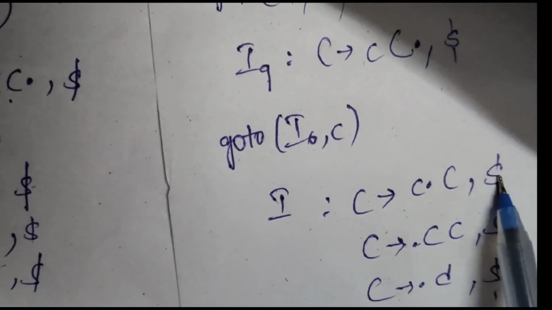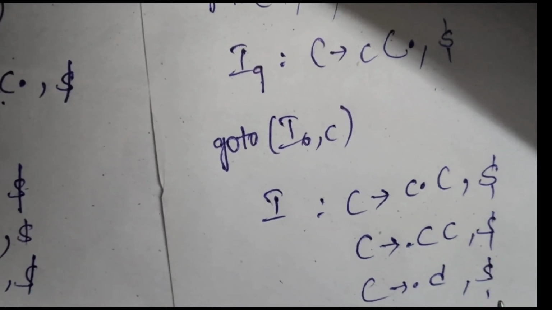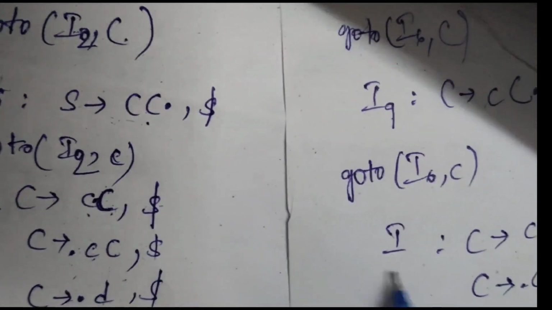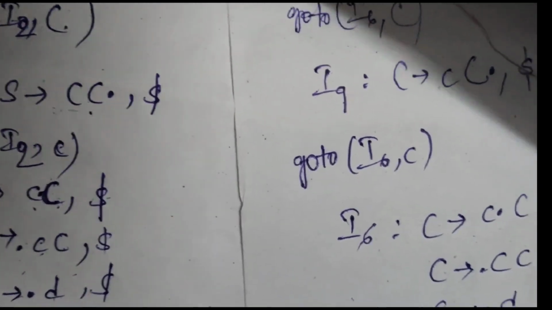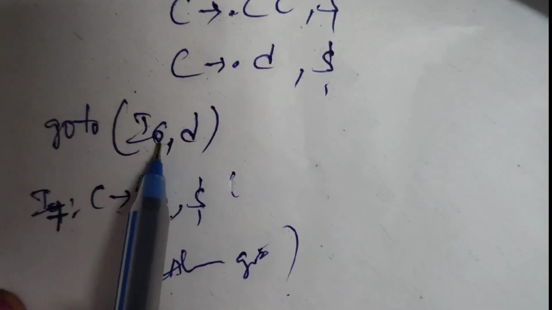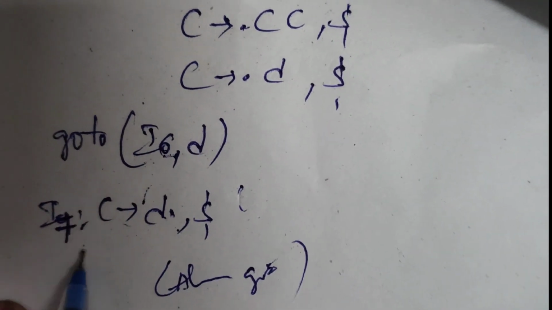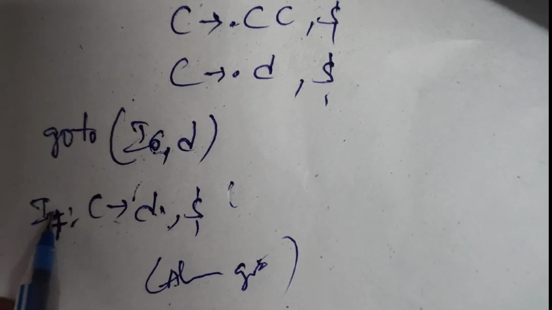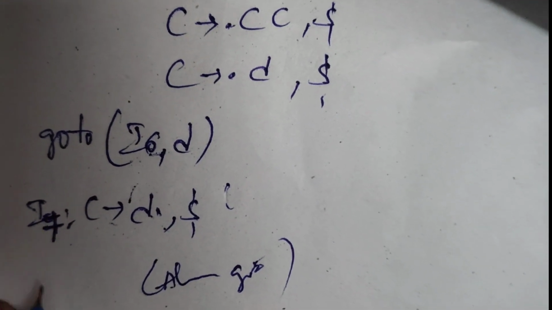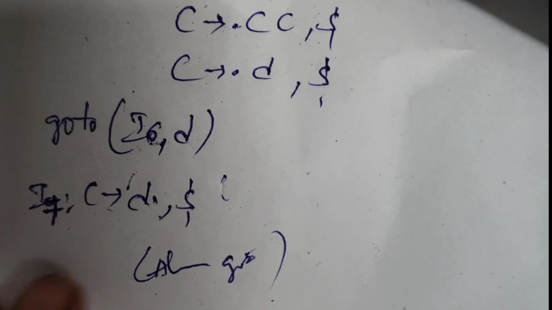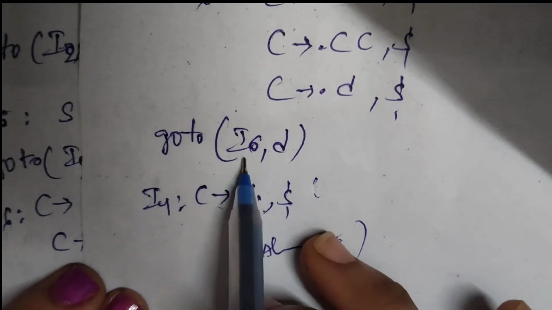The dollar means the lookahead symbol will be the same for all. This one we already got here, so we can just write I6. Next, I6 comma D: the dot will be shifted here, and we already got this in I7, so we can just write I7. So up to I6 we calculated.